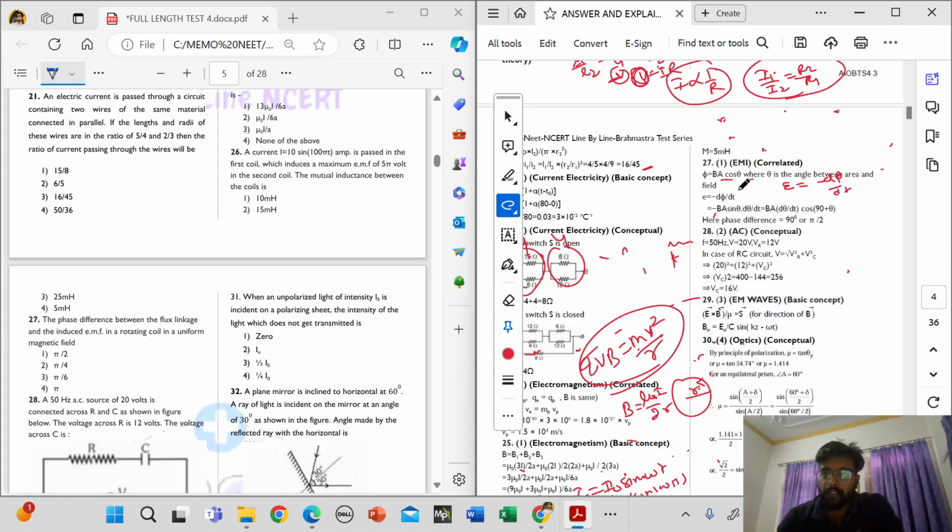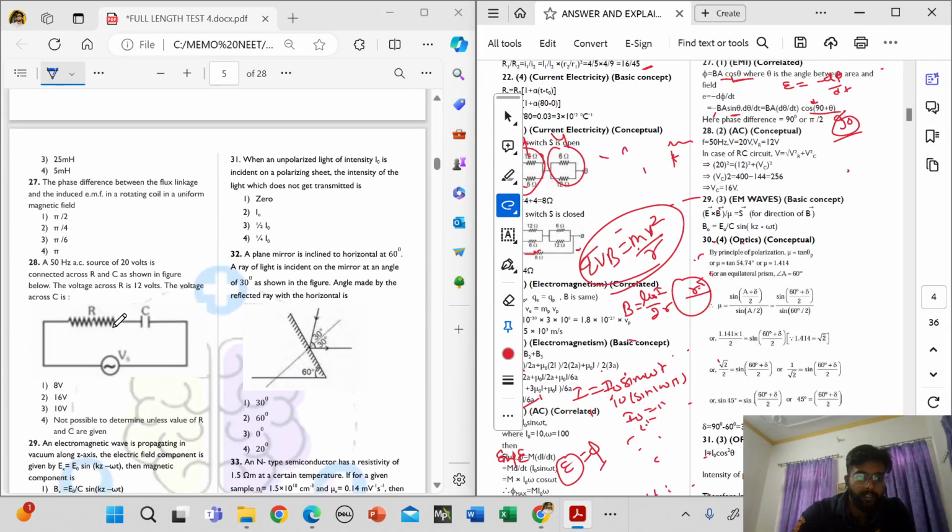So differentiating BA cos theta, we get BA sin theta d theta over dt, and we can write sin theta as cos of 90 plus theta. So between phi and EMF we can see the phase difference of 90. So this 90 is equal to pi by 2. So option number 1 is correct.